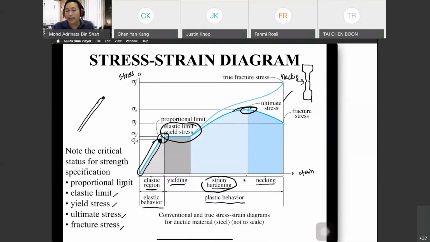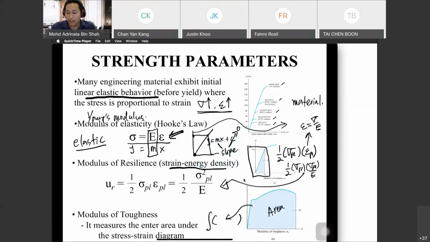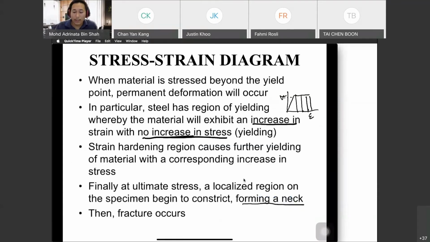When it starts in the necking region, you didn't give more load, but it still elongates until it fractures. Okay, so that is the neck, then fracture occurs.